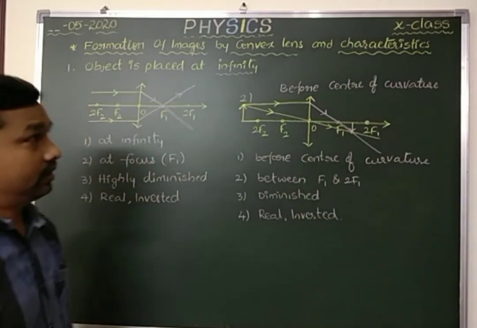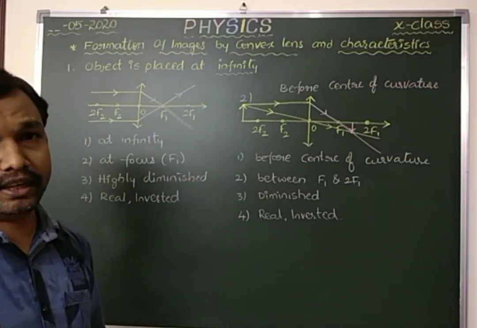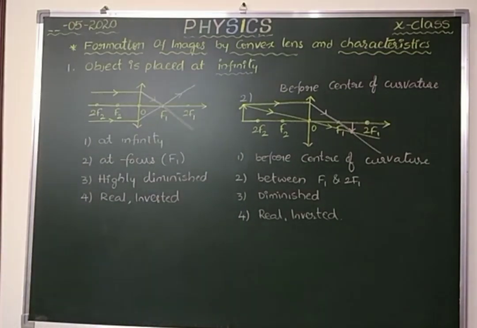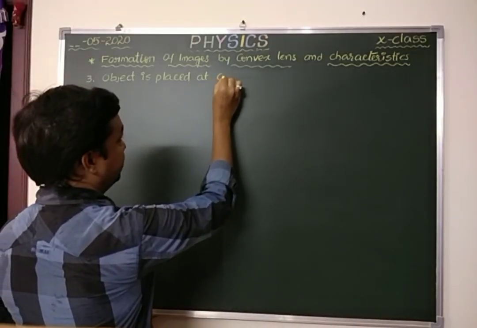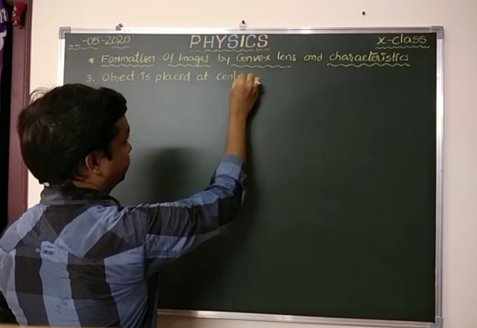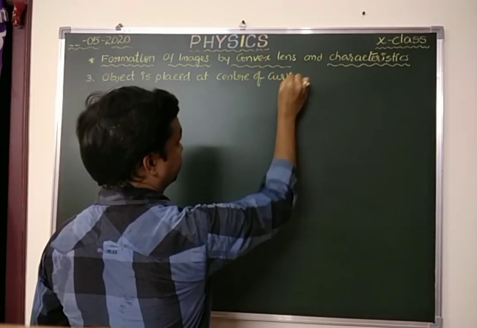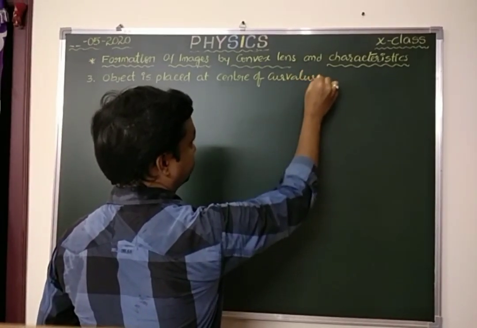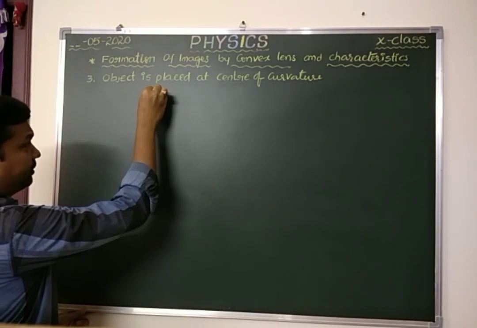Okay, these are the two ray diagrams, and coming to the third ray diagram, object is placed at center of curvature. Right now we are taking a lens.